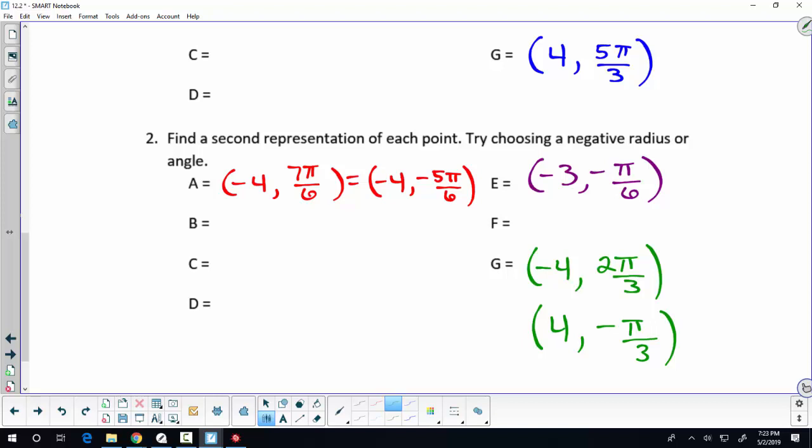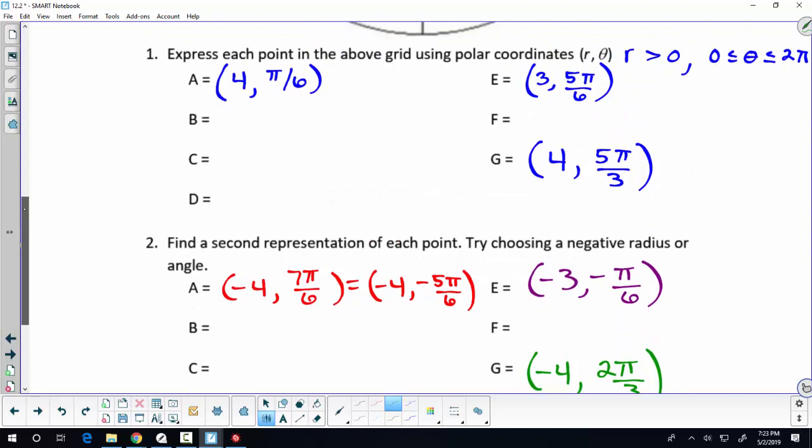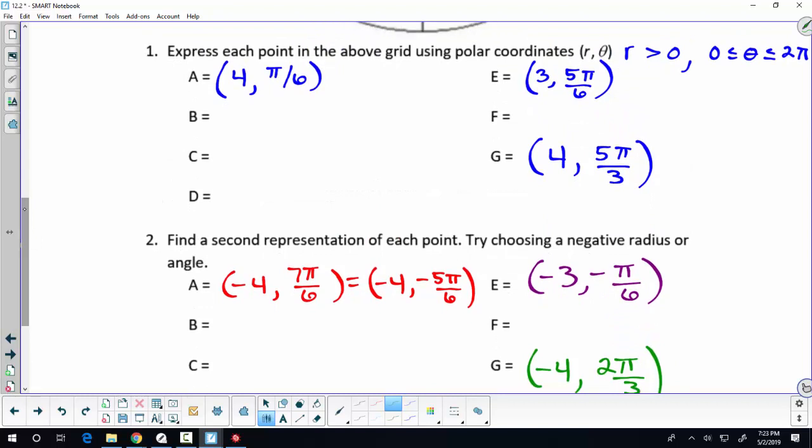Can we do F? Yeah, point F. What do y'all think about point F? 2, 4 pi over 3. Okay, so for F it's 2 comma 4 pi over 3. Valid.